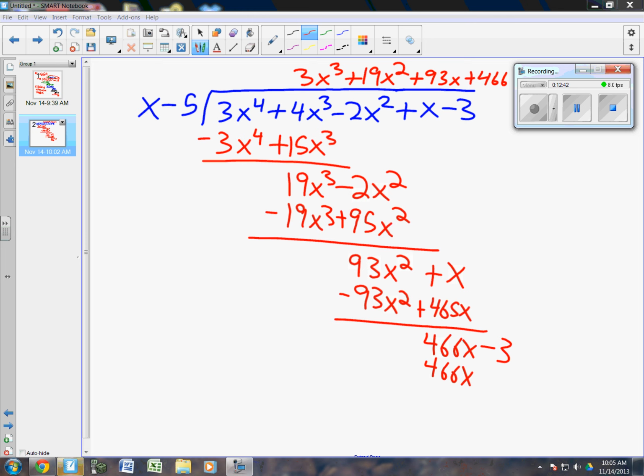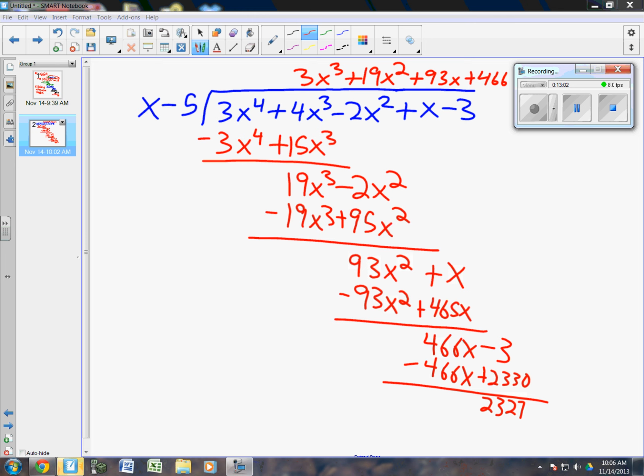Help me out. Say that again. 2330. It's a negative, right? Negative 2330. Change the signs and add, and I get 2,327 as my remainder, right?